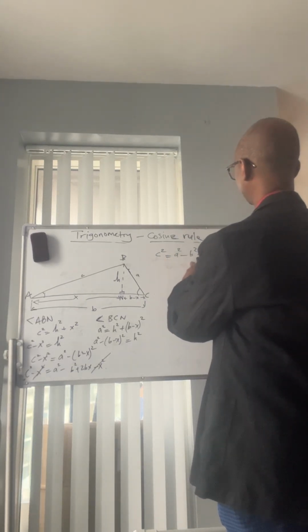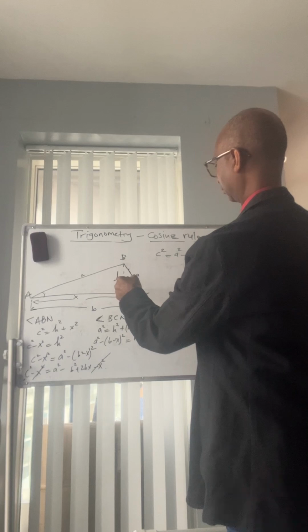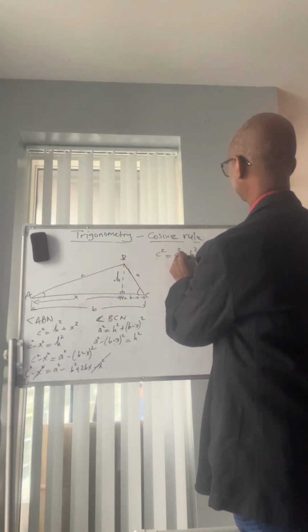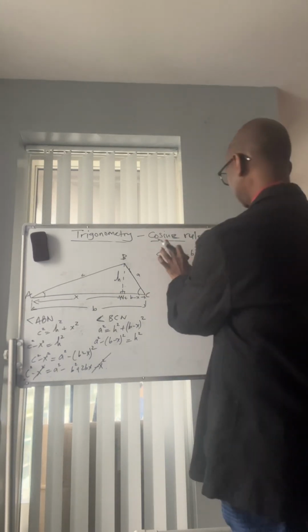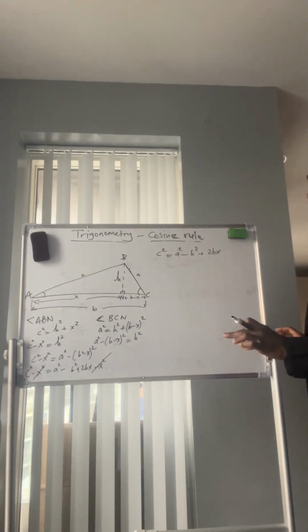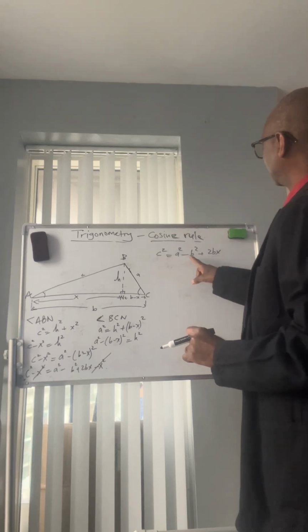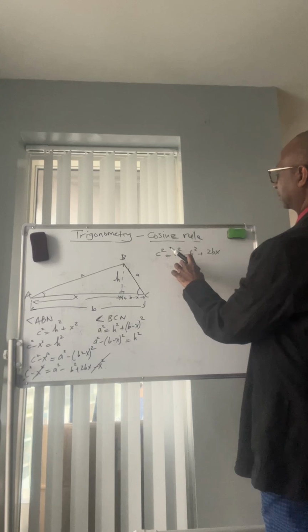A, B. If you look here, correct. Now I see. Fine. I want positive numbers here. Yeah. So what I'm going to do: a squared plus b squared minus 2bc. And still.